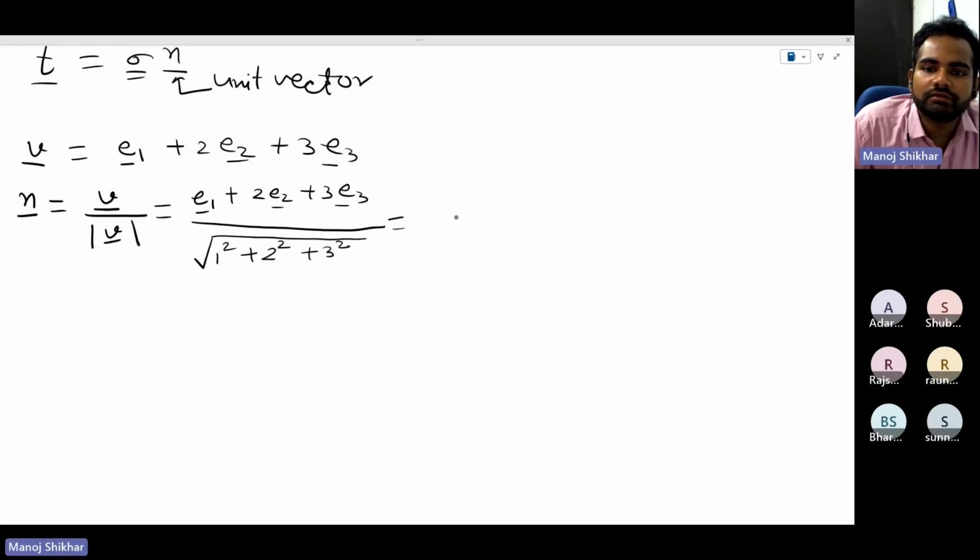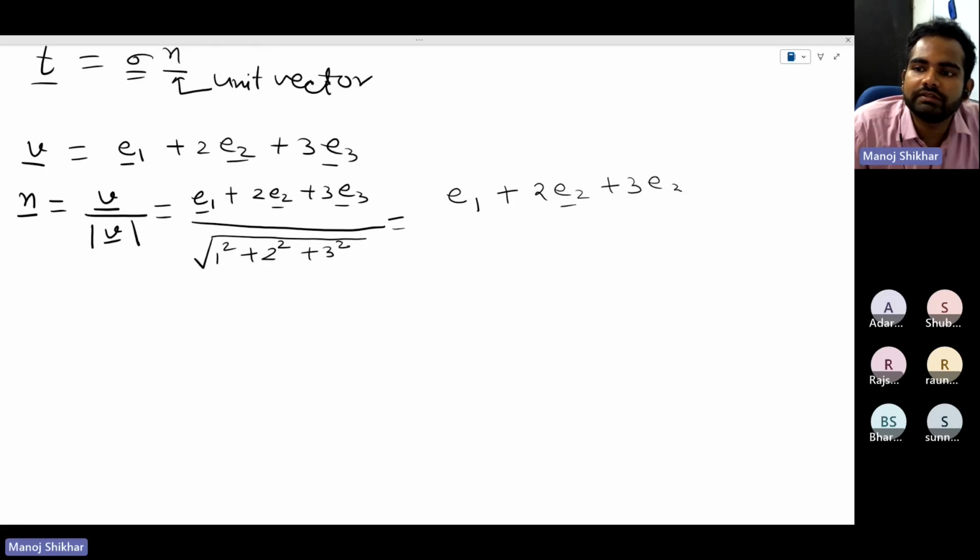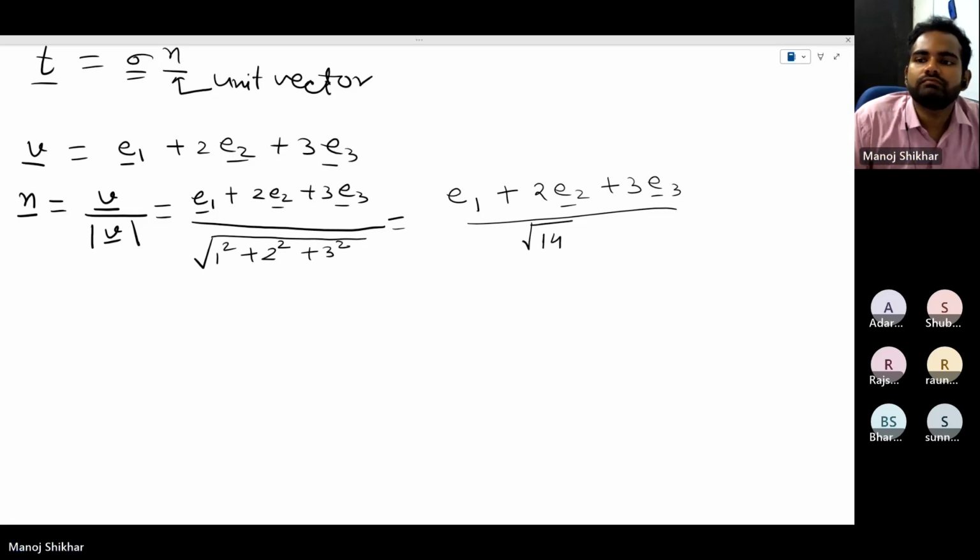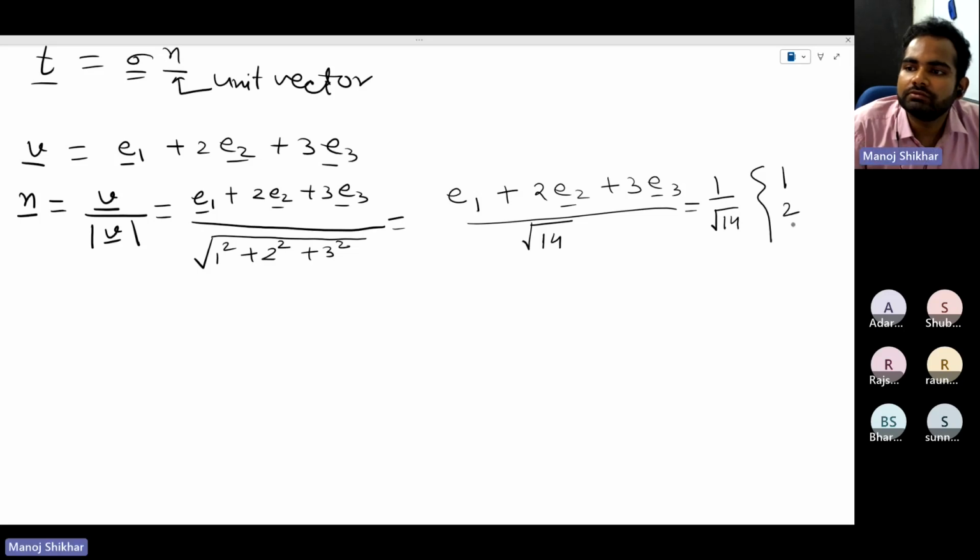So this is e1 plus 2e2 plus 3e3 by square root of 14. In matrix form, you can write it as 1 by square root of 14 times 1, 2, 3.